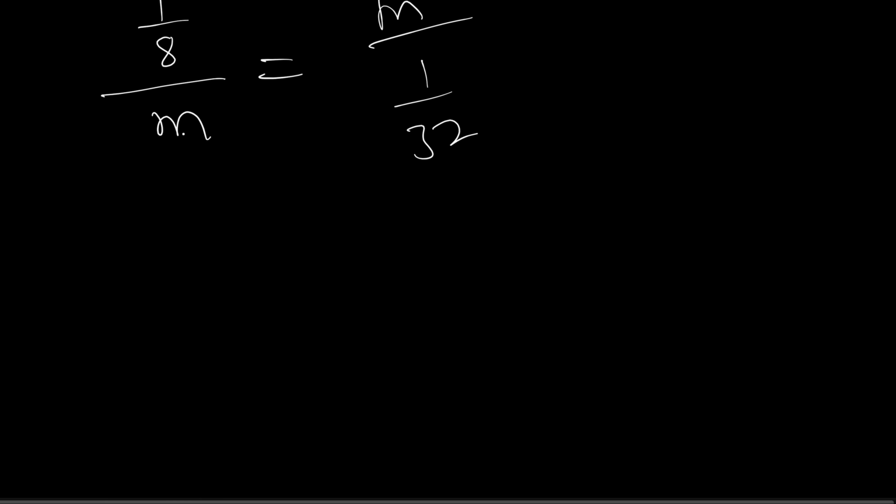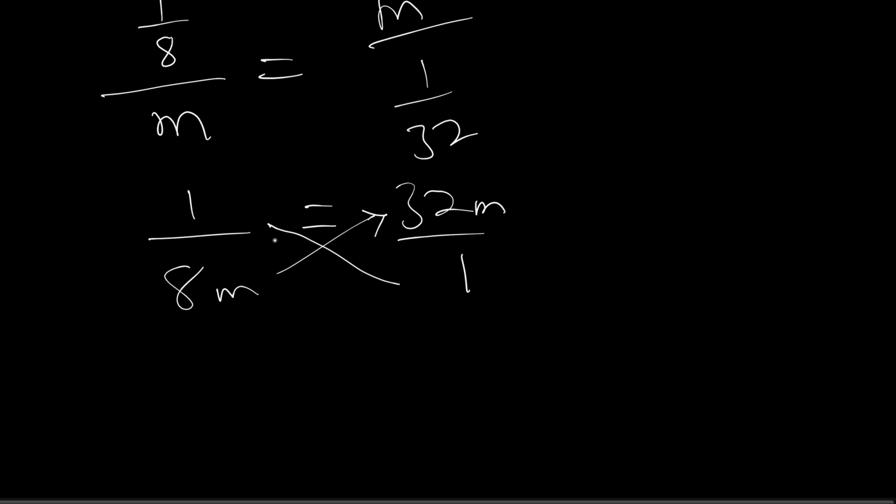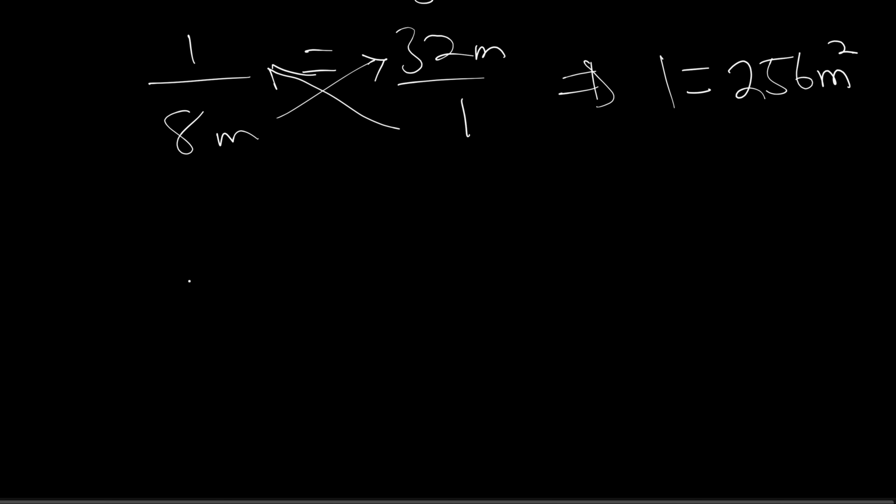Now 1 over 8 divided by m is the same as 1 over 8m, and m divided by 1 over 32 is the same as 32m over 1. So when we cross multiply, we get 1 is equal to 256m squared. So we have 256m squared is equal to 1.